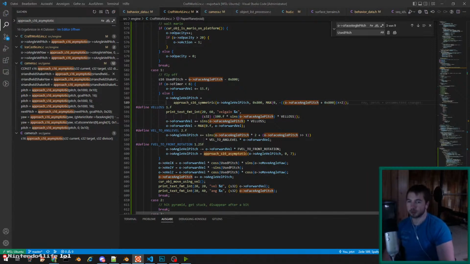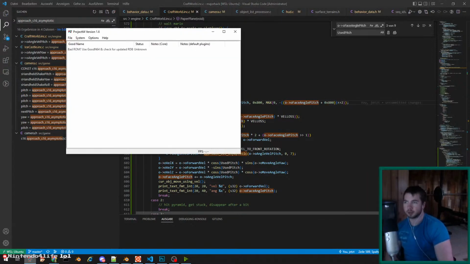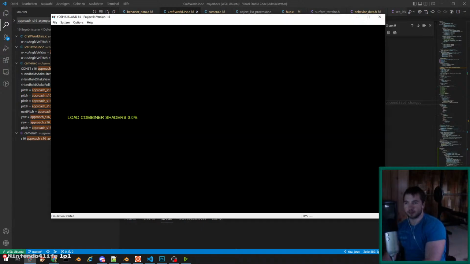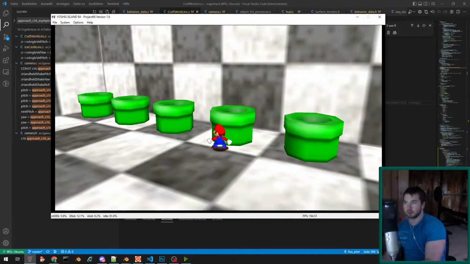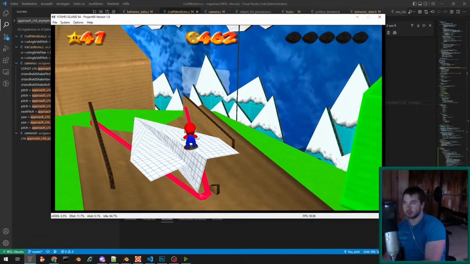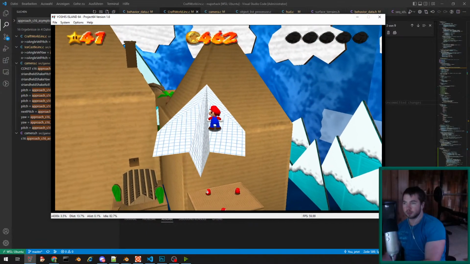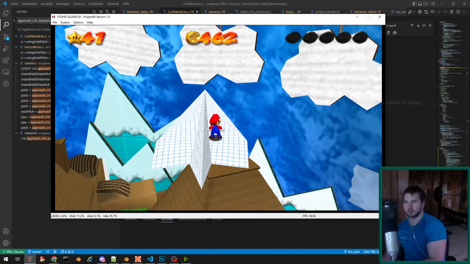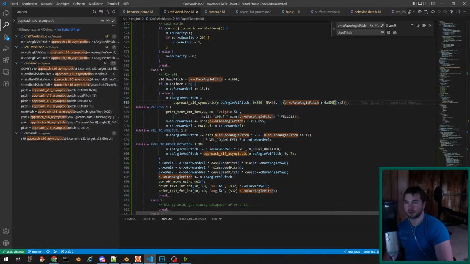Why did they put in a random lower number? I don't know why this... Damn. Fuck it, let's try it. Okay.